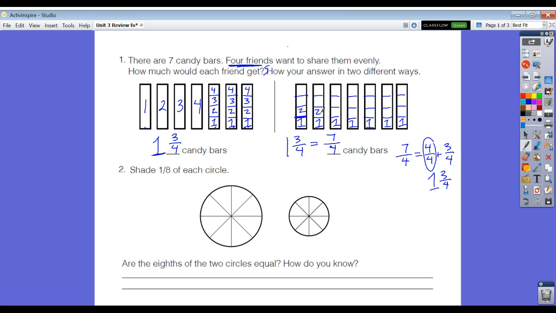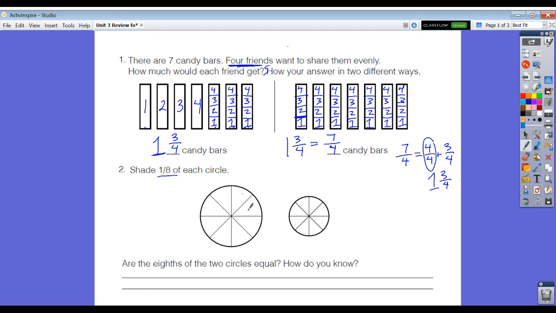And again, to complete, I could show friend number 2, 3 and 4. They all got 7/4 of candy.